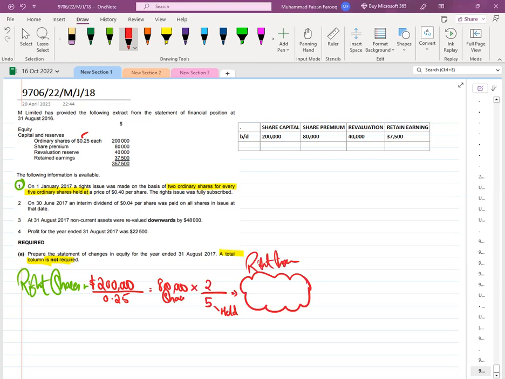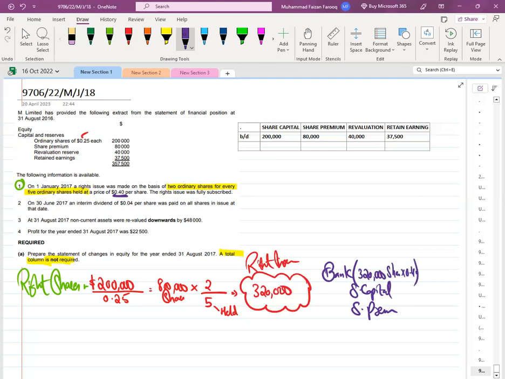320,000 rights shares. The entry for rights issue, if you remember, bank debit, share capital credit, and the difference goes to the premium, right or wrong? We issued it for what price? 0.40. So 320,000 shares into 0.40.